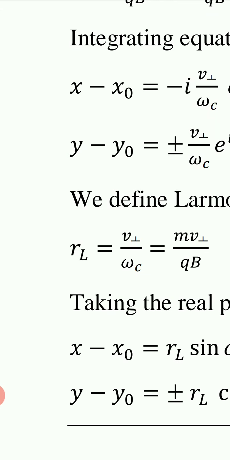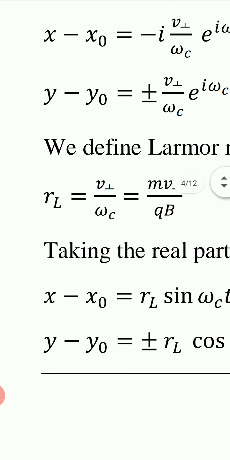If we integrate, the integral of dx is x, and if we put the limits, it comes x minus x0. x0 is the initial value of x at t equal to 0.